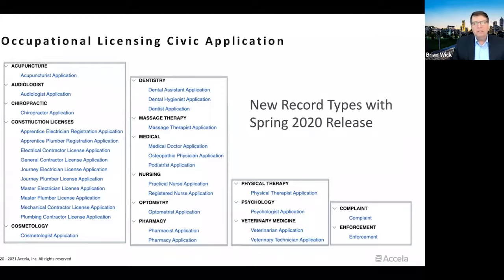You can see dentistry, medical, physical therapy, and so on and so forth. The idea behind building these out, again, is so that our customers that are perhaps implementing or extending their occupational licensing Civic application get these record types out of the box. They don't have to be created by an implementer, whether that's Accela or a partner, on site within the project. They come with the Civic application, again, looking to shorten the time, increase the value of the implementation.